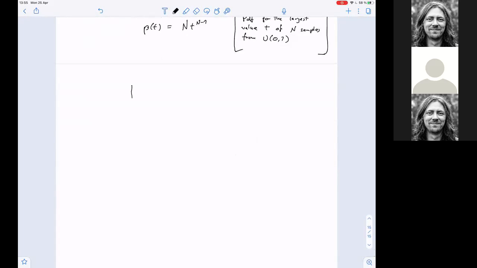So in terms of what that PDF would actually look like, if you only had one sample, it would be just a flat distribution on 0 to 1. If you had two samples, it'd be just this line going up to 2. If you had 3 samples, it'd be 3 times t to the second power.